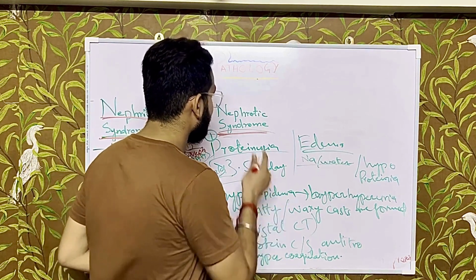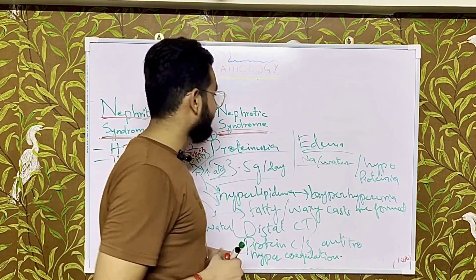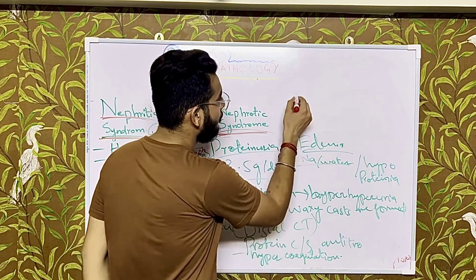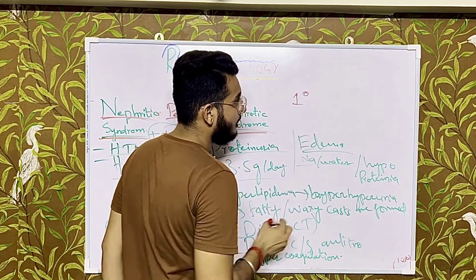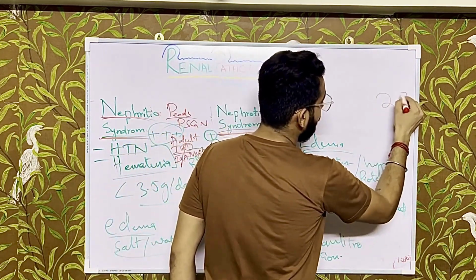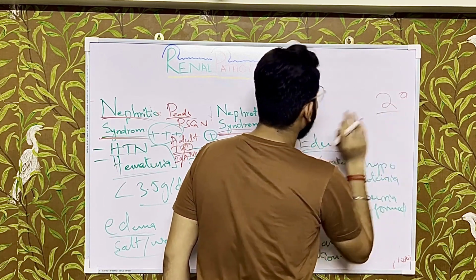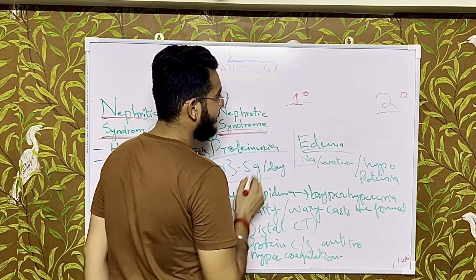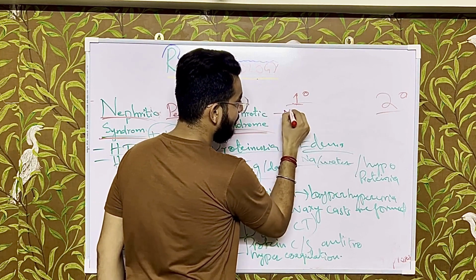So what are the causes of nephrotic syndrome? Nephrotic syndrome could be primary, or it could be secondary to any systemic illness. Primary means there is no known etiology.